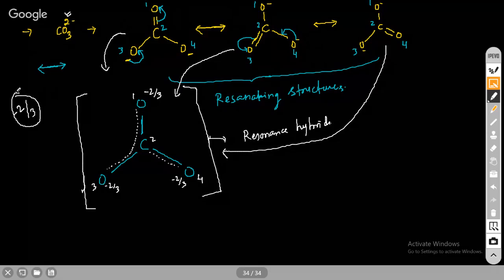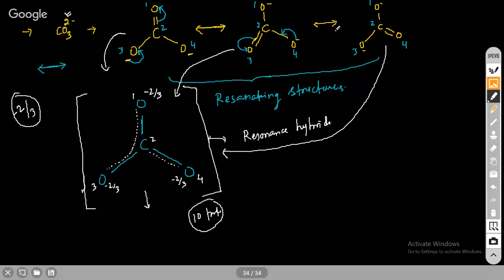Now the point is, this structure is the real structure, and it will have properties given by all these resonating structures, right? Suppose this has 10 properties I can write. So it is possible that a few properties will be given by this molecule, a few by this molecule, and a few by this molecule. So actually this structure is the combined structure of all these resonating structures, right?